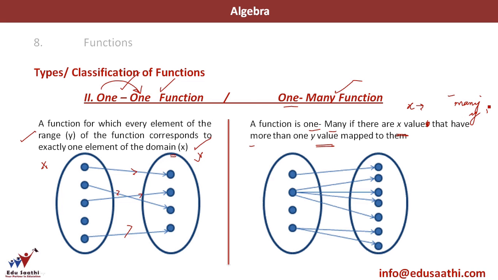This is how a set would look like. A single value of x results in various values of output. So one value of input gives you many different values of output as your answer. One to many function.